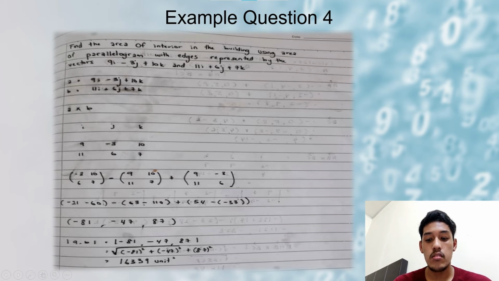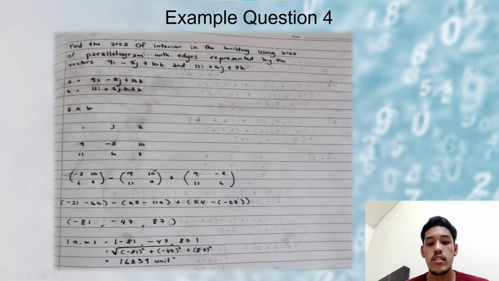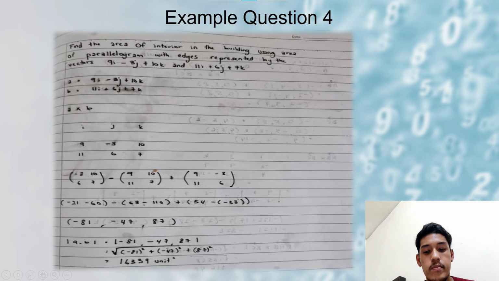First column, we close i and take j and k, which is negative 3, 10, 6, 7. Minus j, we close j and take i and k, which is 9, 10, 11, 7. Plus k, we close k and take i and j, which is 9, negative 3, 11, and 6.